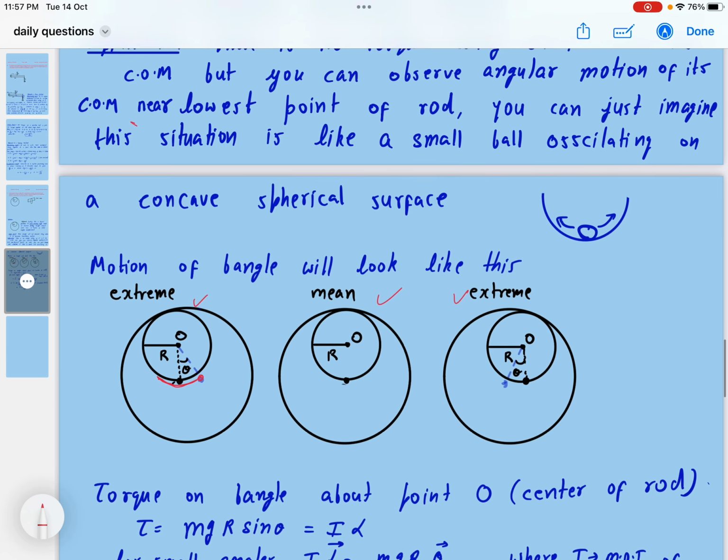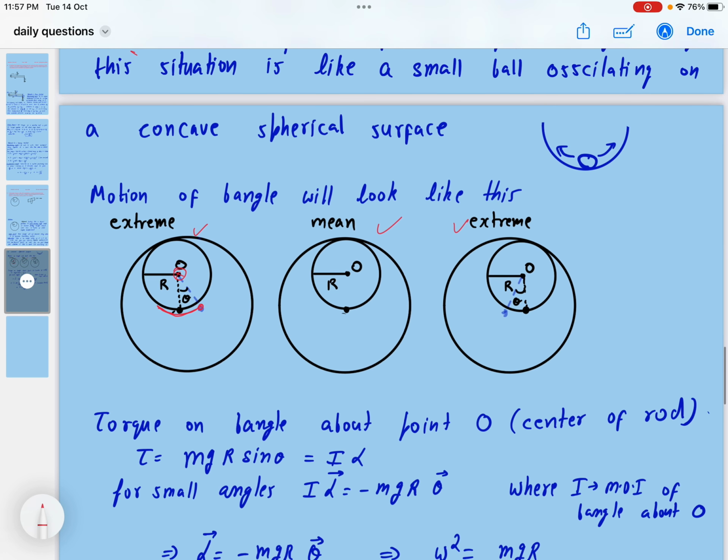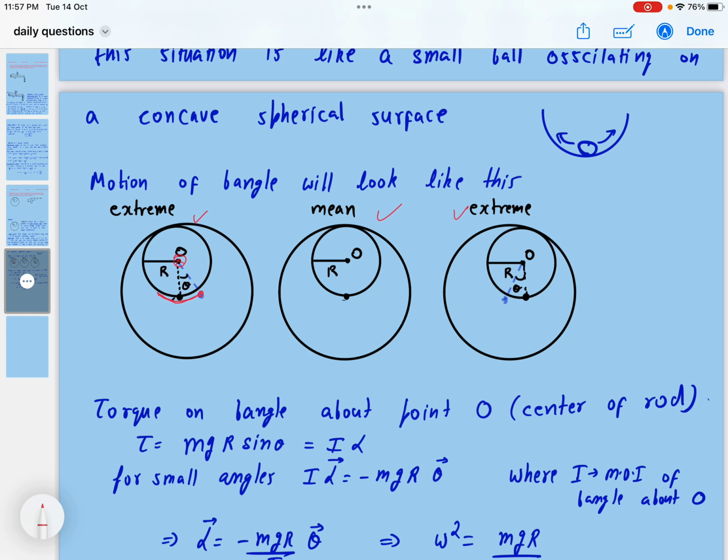Now we need to express the torque acting on the bangle about point O. The normal reaction will not give any torque about point O. The only source of torque is the gravitational force on the bangle.